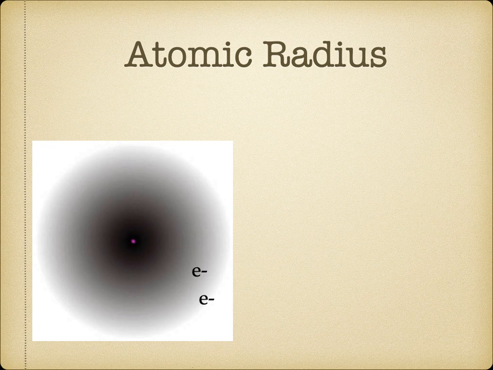Okay, so now let's put those into practice and let's look at our first idea here in terms of physical properties, atomic radii. So we might ask some questions. How big is an atom? Well, when you had a Dalton atom, when you had a plum pudding atom, when you had a Bohr model, it was very easy to answer this question.